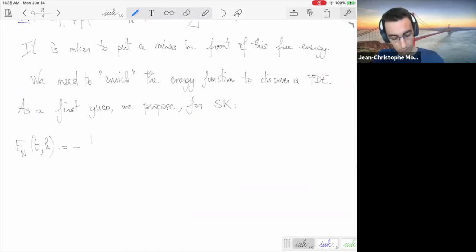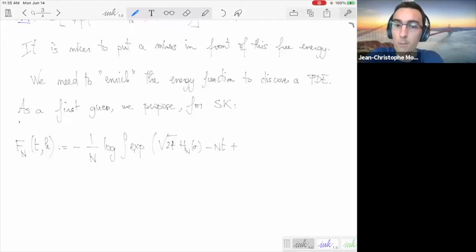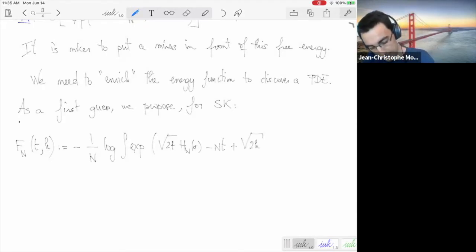So I put a minus in front, 1 over n log. We could try to add a random magnetic field, so a square root of 2h, let's say z dot sigma. And then I always keep this kind of balancing term, so minus nh, dπn of sigma.